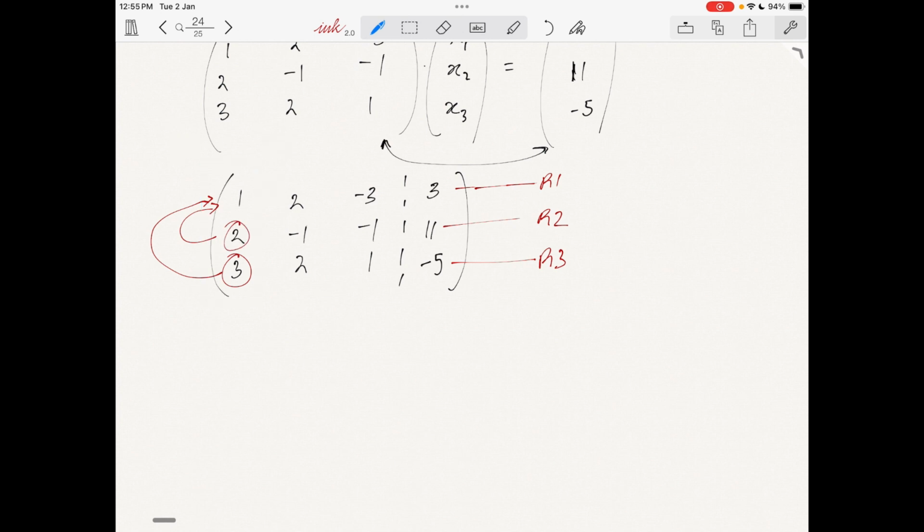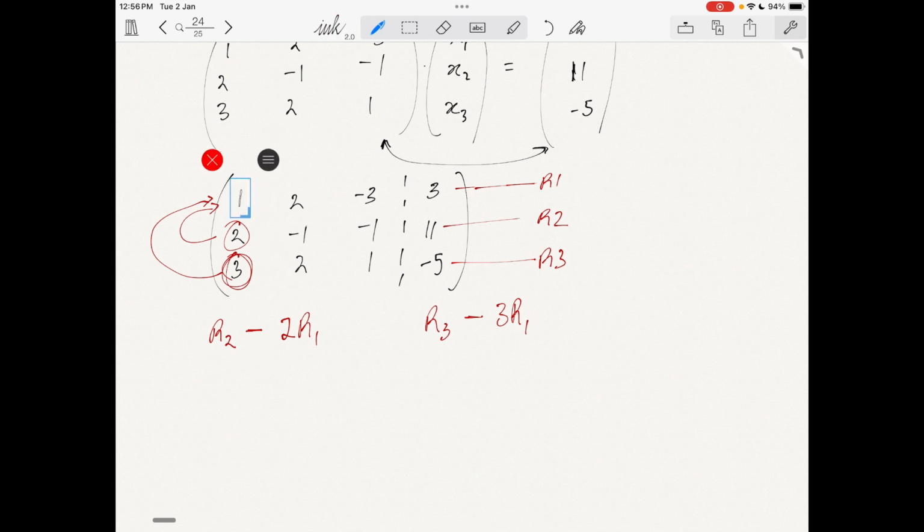I can say row 2 minus 2 row 1, because the value we have here is 1. To turn 2 to 0, I have to subtract it from 1 multiplied by 2. And to turn 3 to 0, I have to subtract it from 3 multiplied by 1.